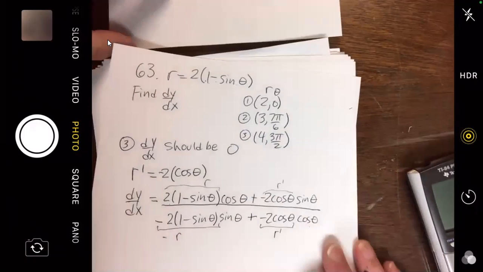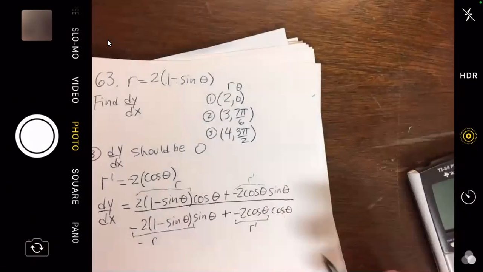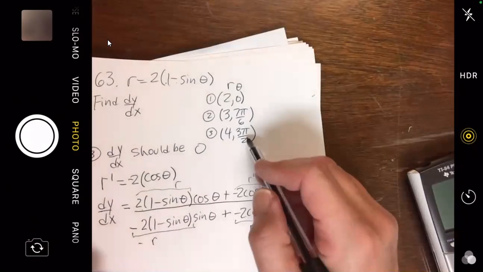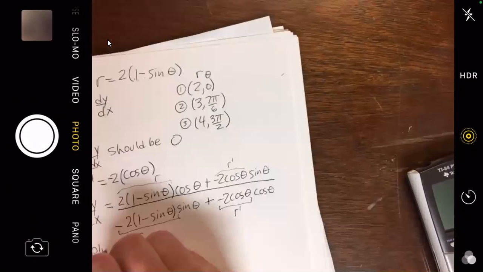All right, now I could do the algebra and simplify this down, but since they've given me numbers, and I'm using point 3 here, I'm just going to plug in 3 pi over 2.